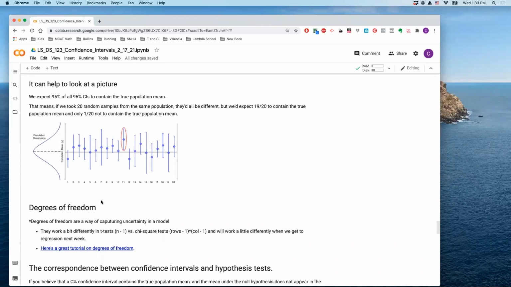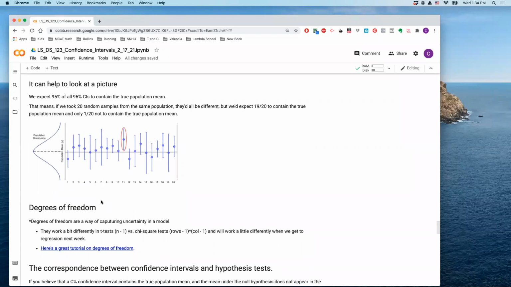So the issue is that when we're doing this, we're thinking about our population typically being difficult to get a sample of. If we're thinking about human beings or something like that, we really have one shot at our sample. We don't know what that sample mean is.